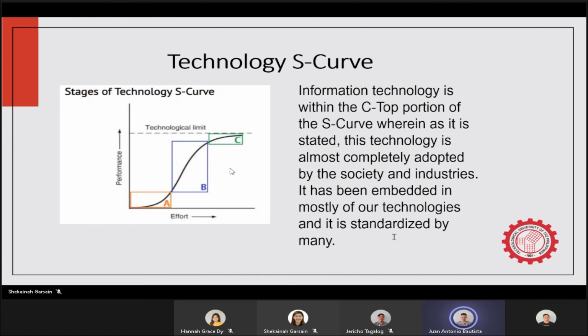So, it states na mostly lahat na ng tech is connected or related na within the information technologies, kumbaga transformed na sila within that tech or included na. Kasi it has been embedded in most of our technologies and it is standardized by many.